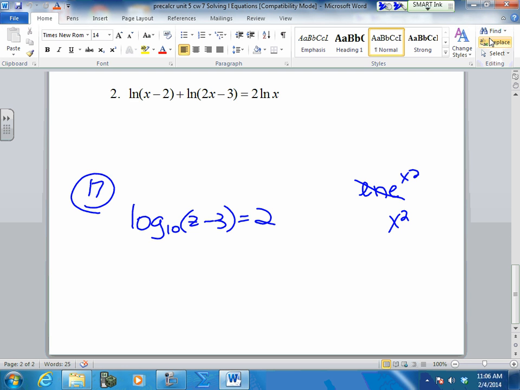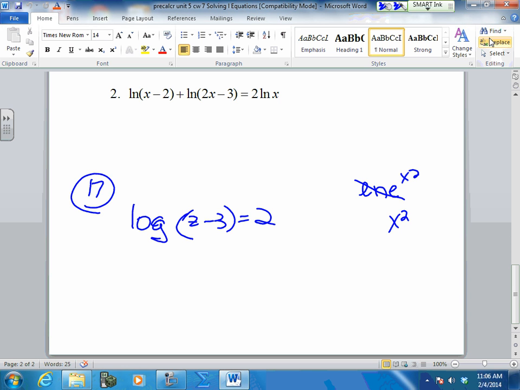Can I take the log away? It's base 10, but is it on the other side as well? Nope. So I have to flip this to an exponential equation. Now, this wasn't so bad because I can see the base. Don't forget, sometimes they don't put a base in here.